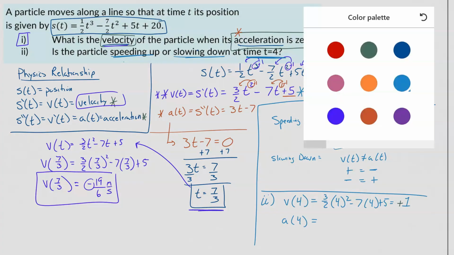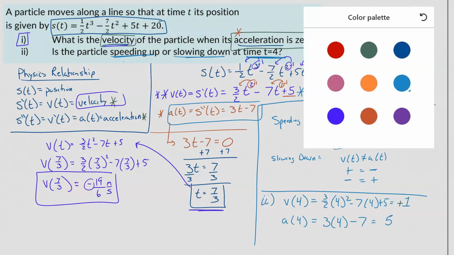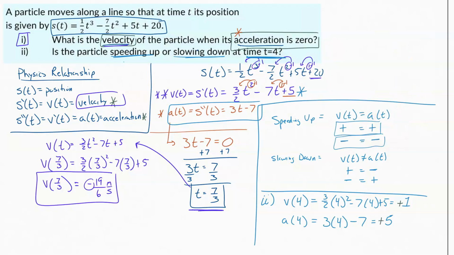And then plugging 4 into our acceleration equation, our second derivative here, we would get 3 times 4 minus 7. That gets us 12 minus 7, which is 5. Again, though, we really just care about the signs. So that is positive. Because the signs here are the same, they're both positive, that tells us that we are speeding up. Specifically, we're speeding up going forward.